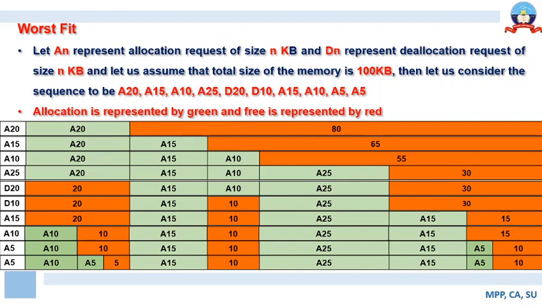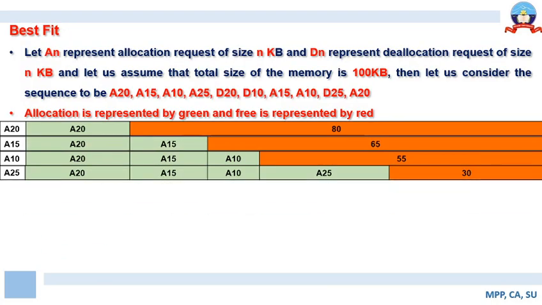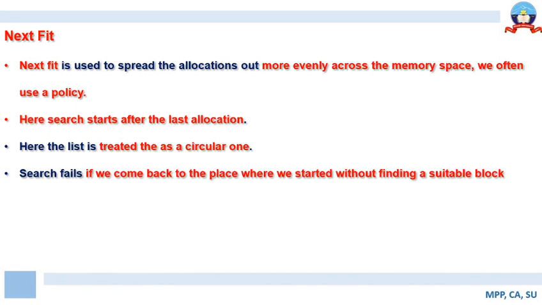So this is the way the next fit, the best fit and the worst fit algorithms work. In today's class, we learned about the next fit algorithm, its properties, and the way it tries to allocate memory uniformly over the address space.